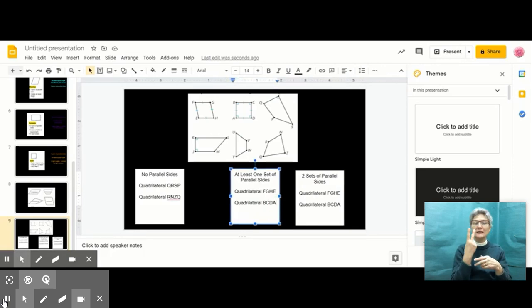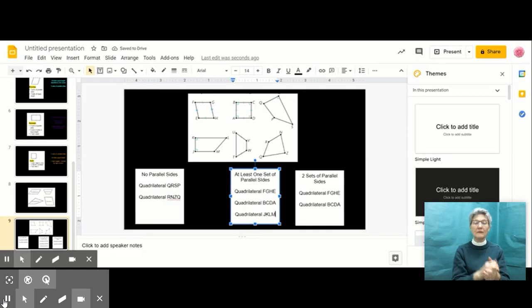Well, we know that the quadrilateral QRSP has no parallel sides. We already took care of that one. Taking a look at JKLM. Oh, look at that. I see one set of parallel sides. So looks like that will only fit in here. I can't put that with two sets of parallel sides because it only has one.